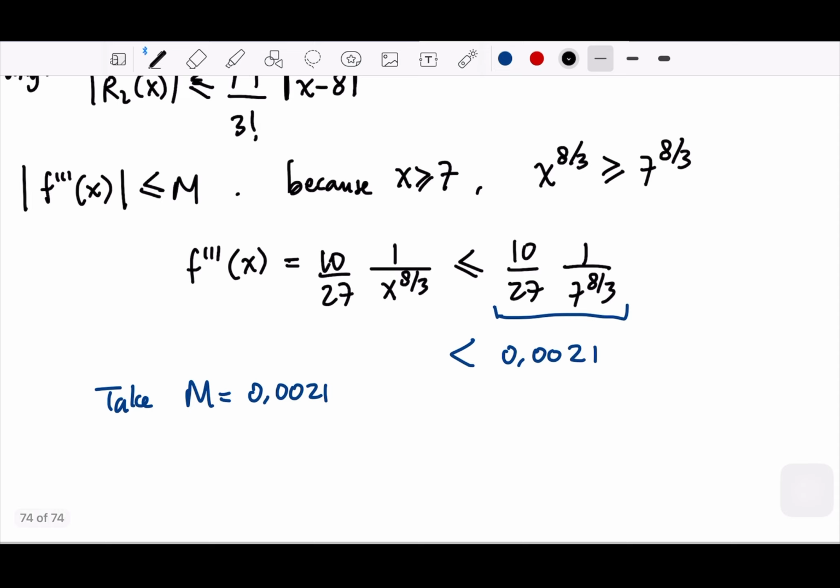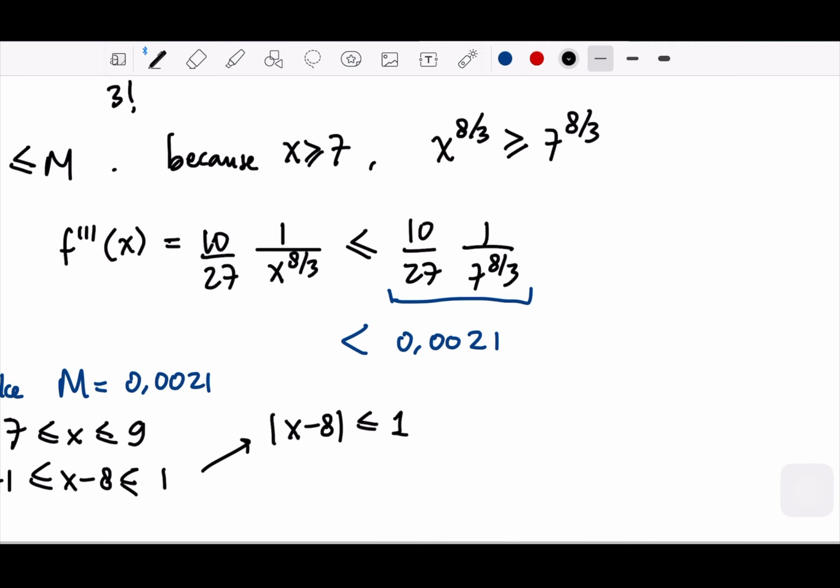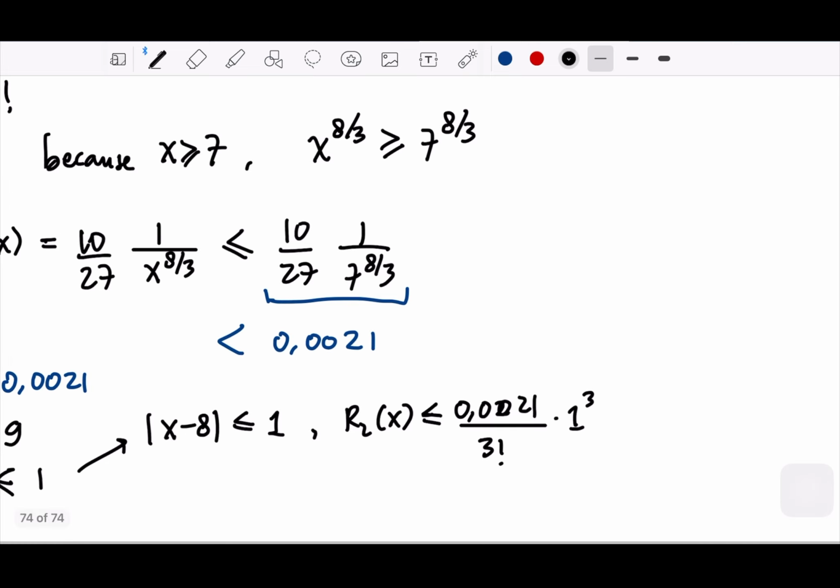And if you look at the interval from 7, we can take this in terms of x minus 8, which gives you minus 1 to 1. So we can take this as less than or equal to 1. And then from here, we get the error based on our M, which is 0.0021 divided by 6.